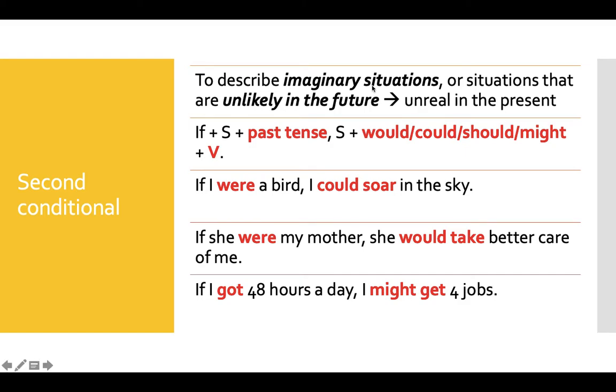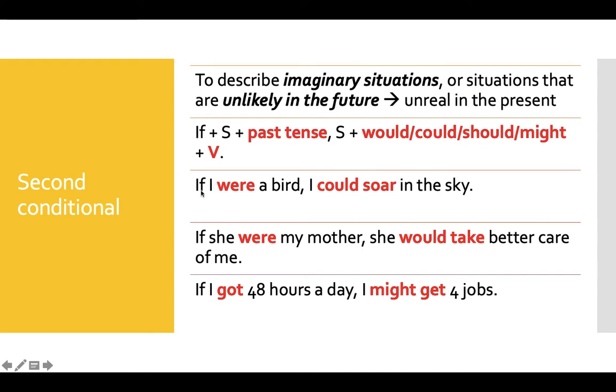And when we want to describe these scenarios, we need to use this sentence pattern. Again, for the conditional clause, you need to use past tense. And for the result clause, we have different auxiliary verbs for you to choose from: would, could, should, might, followed by a base form verb.